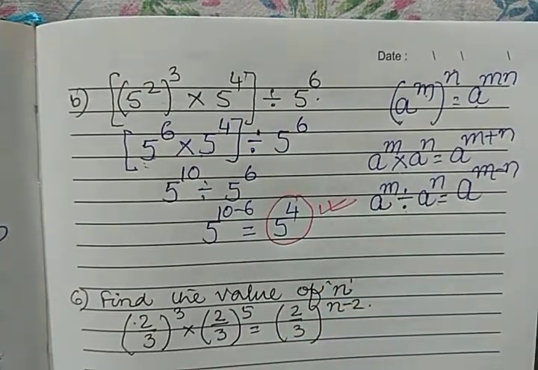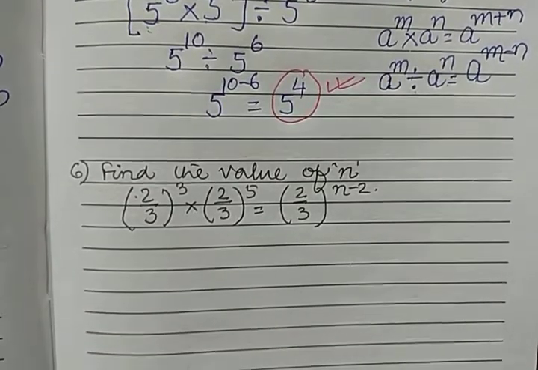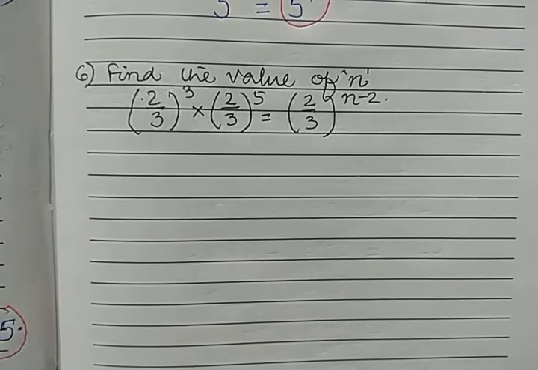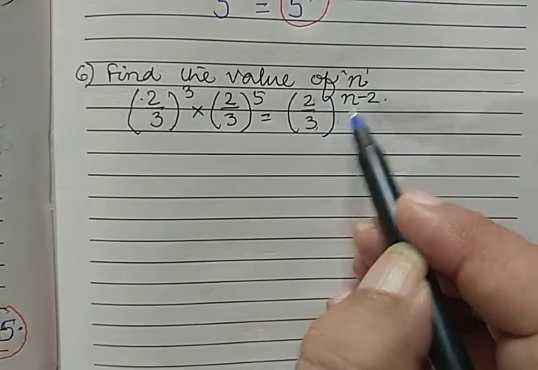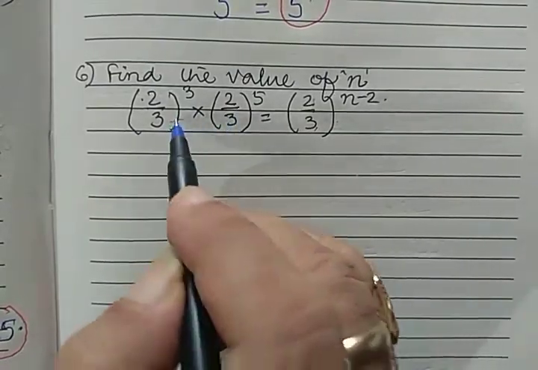I think you understood. Now, find the value of n here. What is given? 2 by 3 whole cube into 2 by 3 to the power of 5 is equal to 2 by 3 to the power of n minus 2. So let us simplify these two.